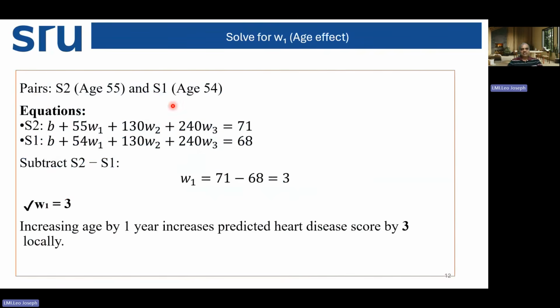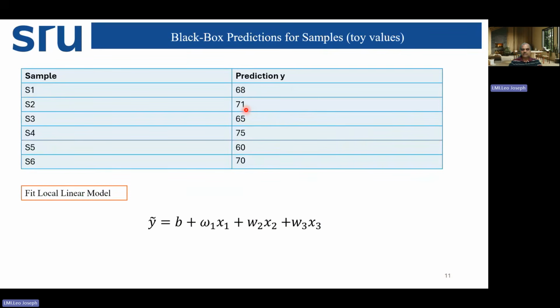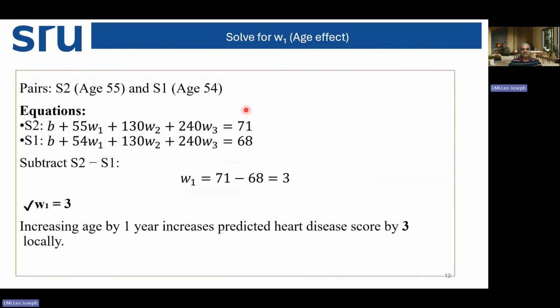So age only. Here I am writing the expression: B plus 55 into W1 plus 130 into W2 plus 240 into W3 is equal to 71. How am I writing this? You can see here 55 W1, 130 W2, 240 W3 is equal to 71. Similarly, for S1 the given equation is 54, 130, 240, 68.